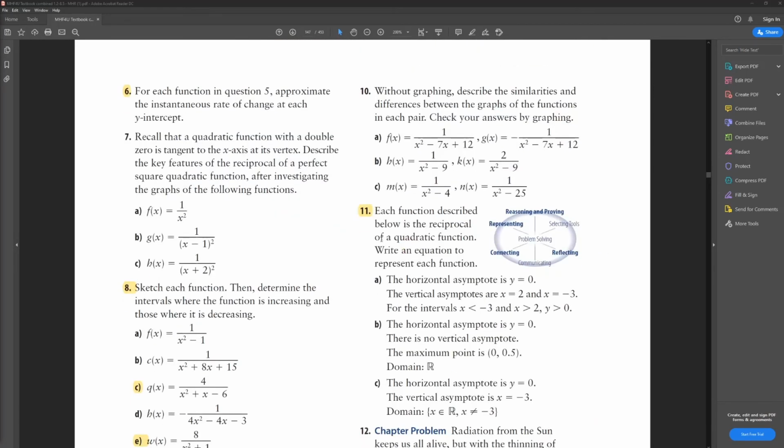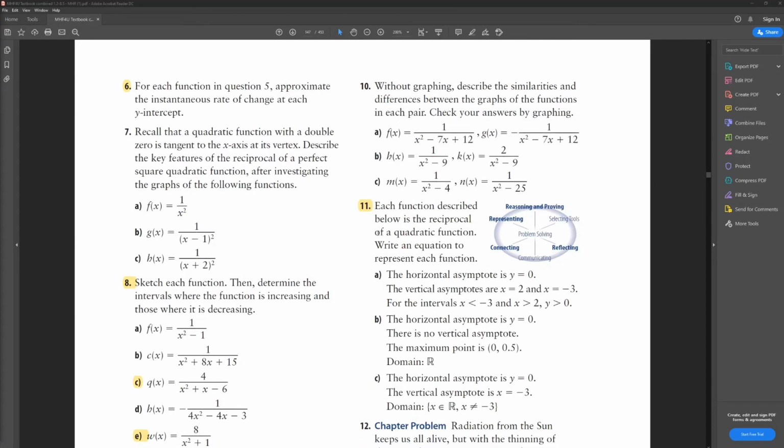Now let's look at question 6. For each function, approximate the instantaneous rate of change at the y-intercept. Ooh, you might not remember what this is about, but this was from chapter 1 when we learned about AROC and IROC.